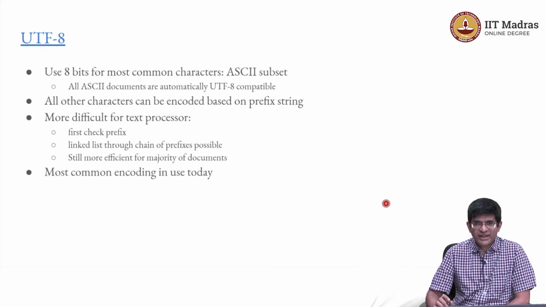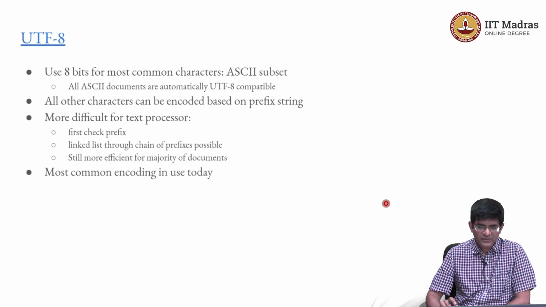So UTF stands for the Unicode Transformation Format, and UTF-8 uses 8 bits for the most common character set, that is ASCII, which means that all ASCII documents are automatically UTF-8 compatible. All other characters can also be encoded based on this prefix encoding that we just talked about.